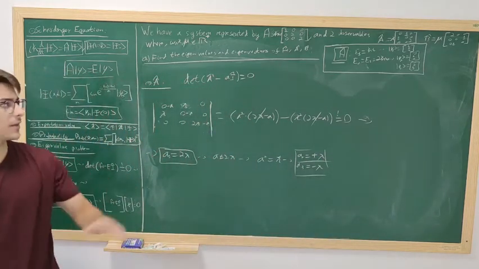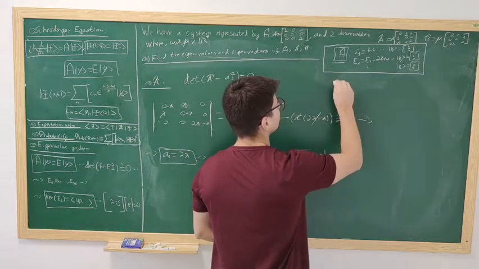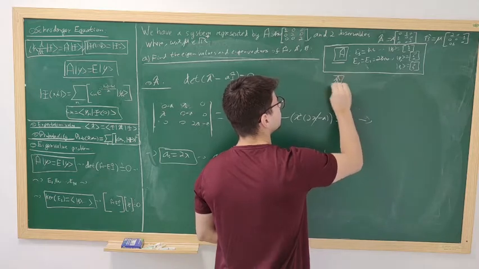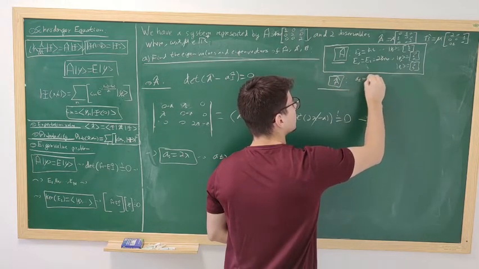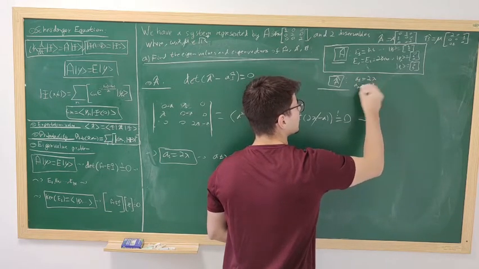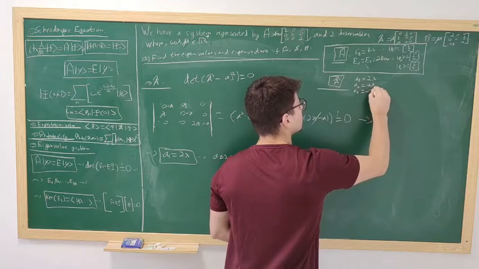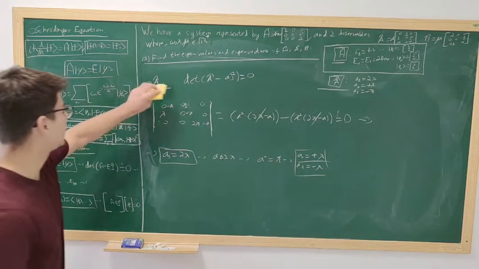I have the 3 eigenvalues. So a1 equals 2 lambda, a2 equals plus lambda, and a3 equals minus lambda. And this is for the observable A.